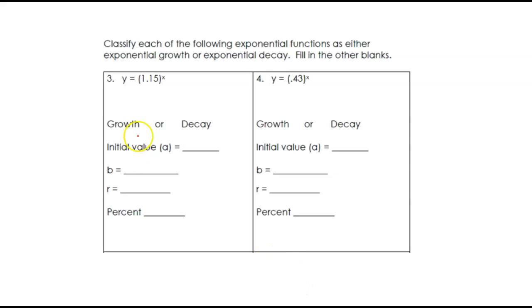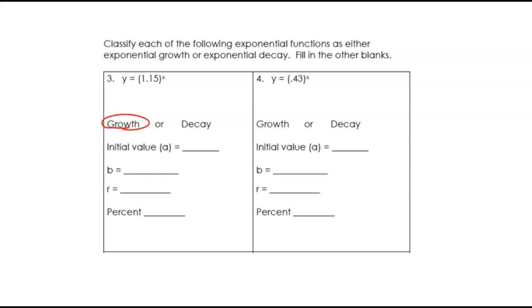So on number 3, y equals 1.15 to the power of x. Raise your hand if you can tell me growth or decay. Mackenzie? Growth. Growth because why? Because b is greater than 1. Good. And as you give me your answer, if you could give it to me in a complete sentence, that would be fantastic.